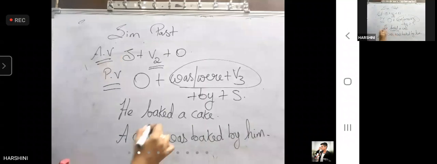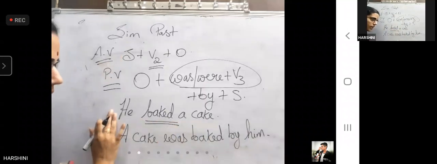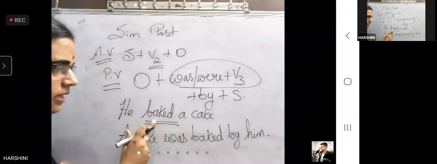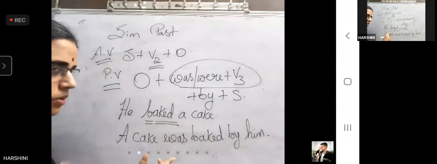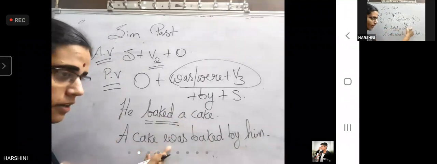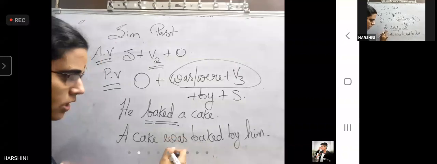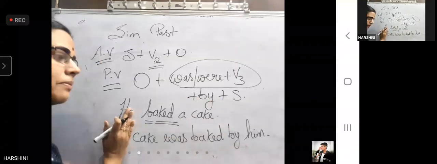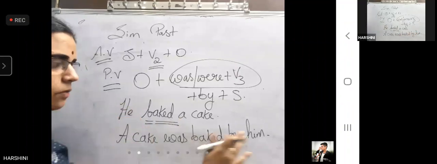Because this is baked. You don't look at he and cake. You only look at baked. Then you take a decision. Which tense is it? It is baked. Therefore, it is in past tense. So either use was or were. Because cake is singular, you use only was. If there are cakes, you will use cakes were. A will not be there. Cakes were baked by him. Okay, so a cake was baked by him.